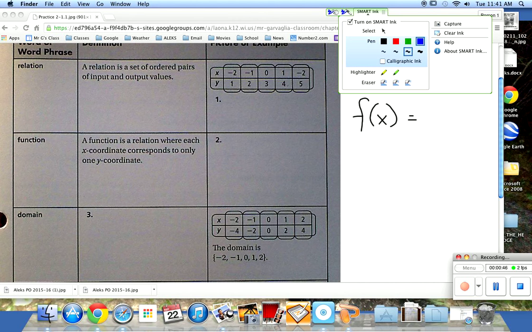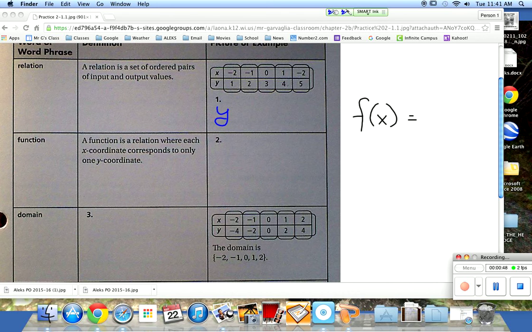Whatever I put in for my x, if I had an equation like 3x plus 1, it doesn't match up with this, but I'm just using it as an example. If I put an x value in here, then I'm going to come up with a y value. You saw that last year when we started doing graphs and we did a t-graph, x, y. That's where we put in an x value and came up with a y value. That's called a relation. Okay?